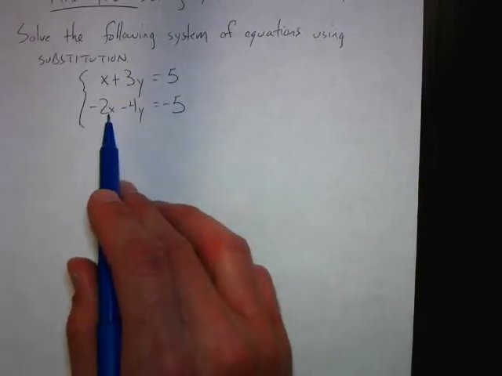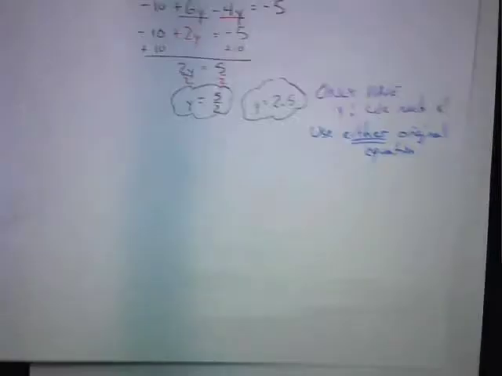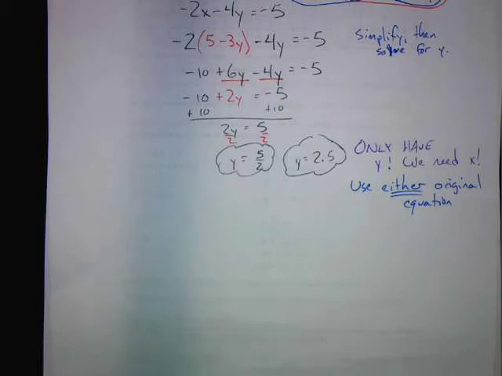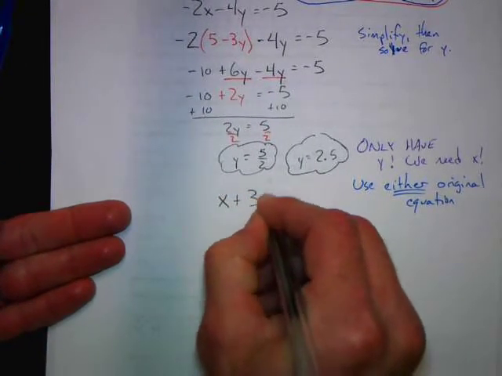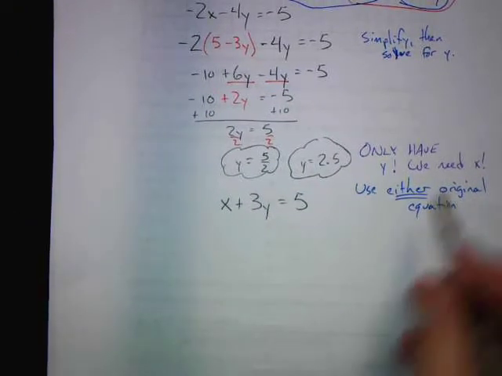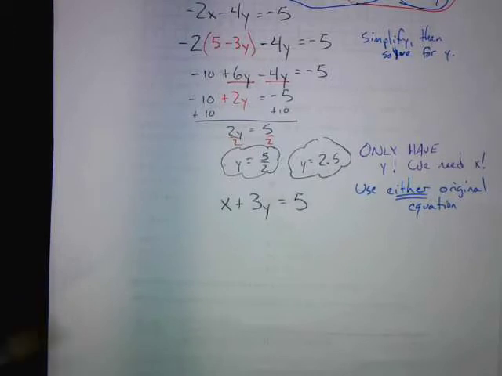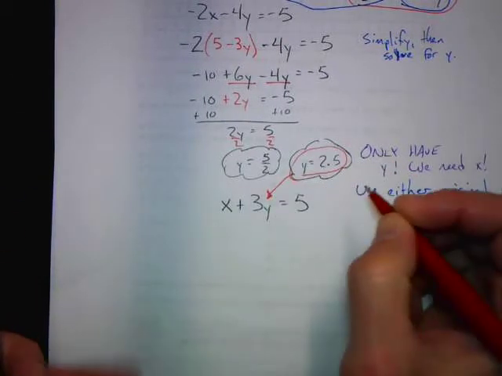Now, one of these, of course, makes a heck of a lot more sense than the other. So be smart about it. Wouldn't the first equation make a whole lot of sense? When we have that first equation, x plus 3y equals 5, we take our value for y and plug it in for y. We know what y is. Plug it in, see what we get.